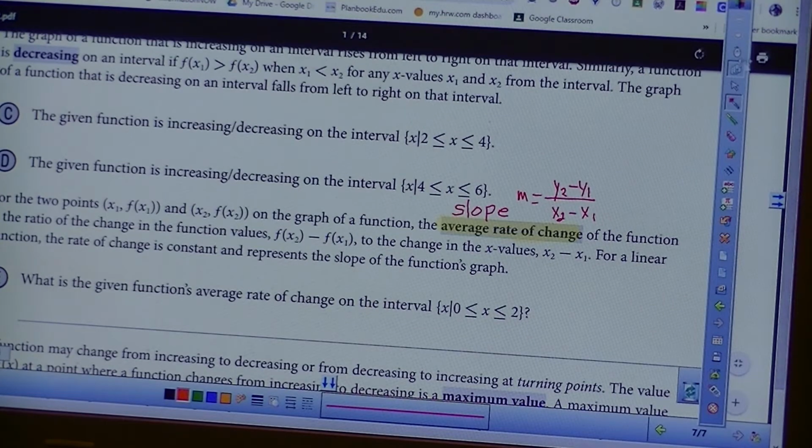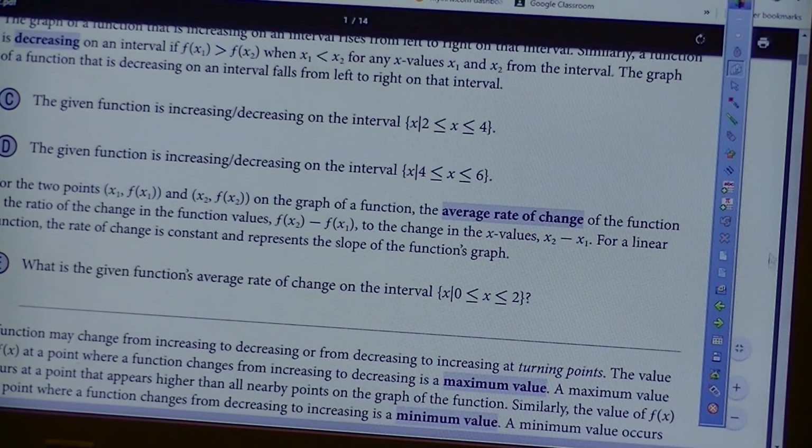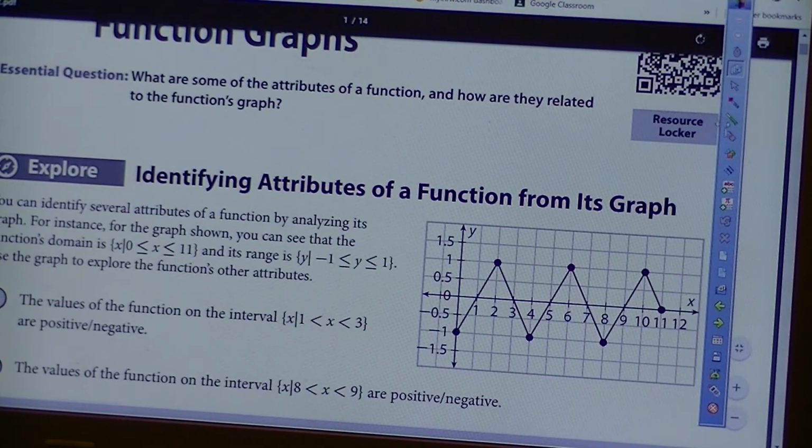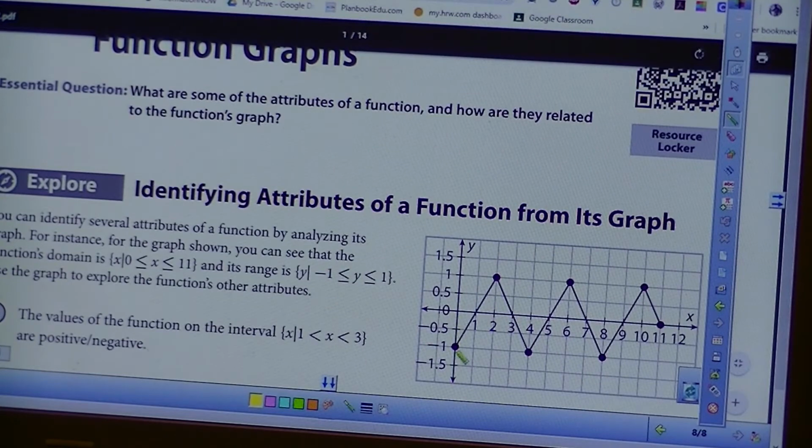So what is the function's average rate of change from 0 to 2? I'm going to have to slide back up here at the top and take a look. What are the values at 0 and 2? When x is equal to 0, that's this spot right here, isn't it? And when x is equal to 2, that's this spot right here.